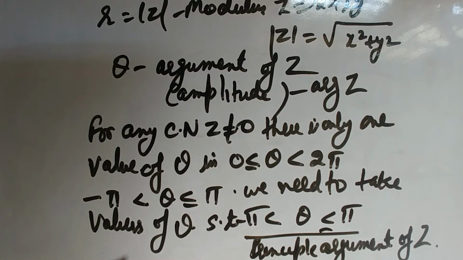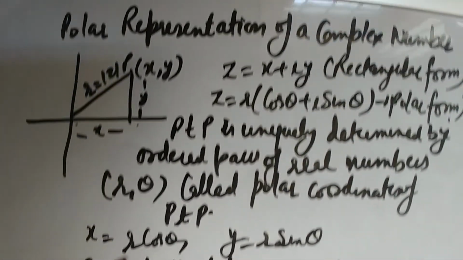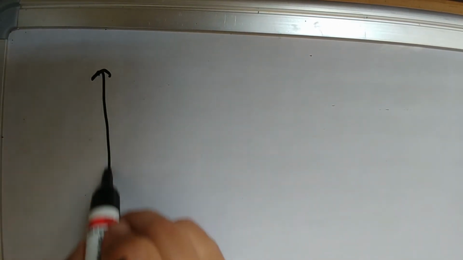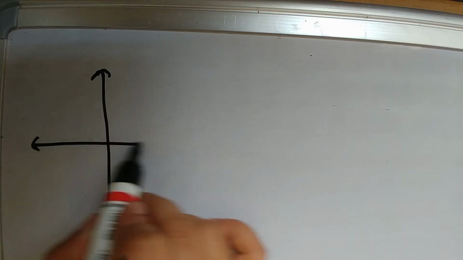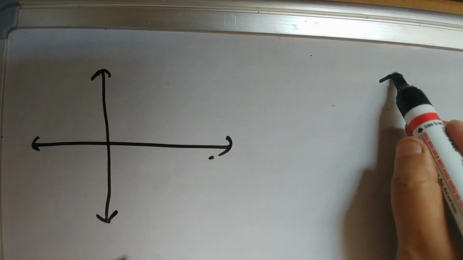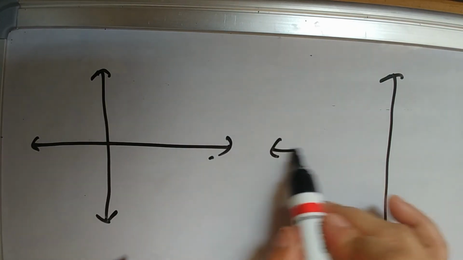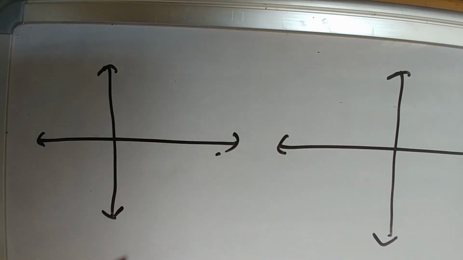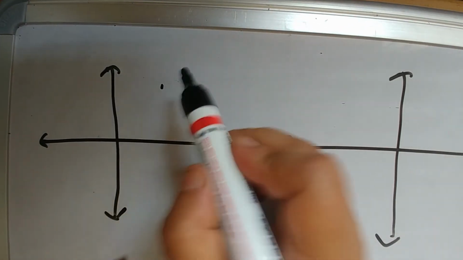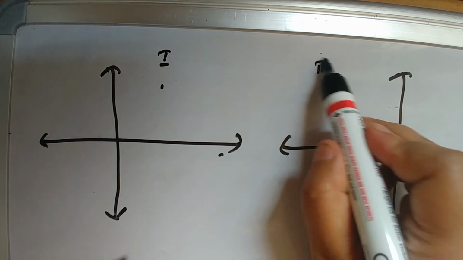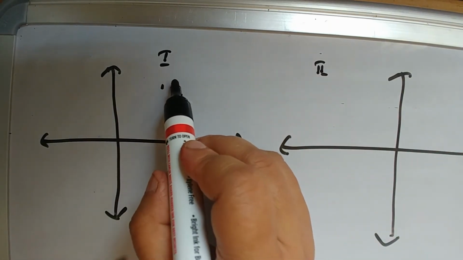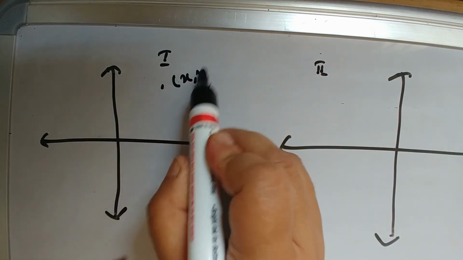Now yesterday we framed a table. What was it that we were discussing? In the first quadrant, I am taking all the examples in which you are taking a complex number. We will take 4 examples. So first of all, let us go for this. Say this is the first quadrant, and this is your point (x, y).